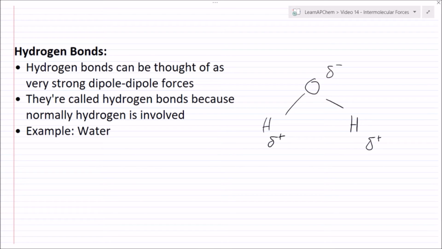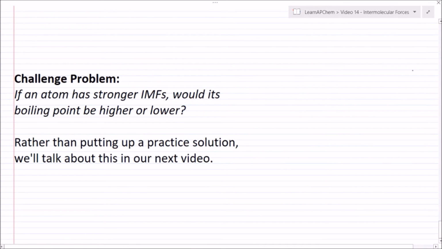And so these are going to be much, much stronger than your normal dipole-dipole. And they work the exact same way. The only thing to know is that they happen with hydrogen and that they're much stronger than a normal dipole-dipole force.